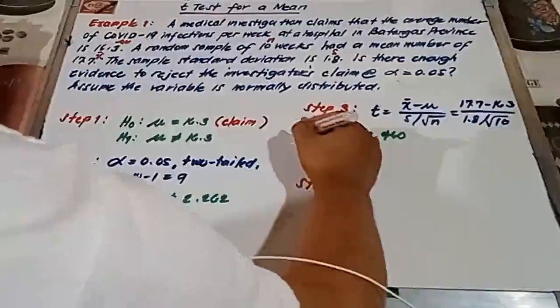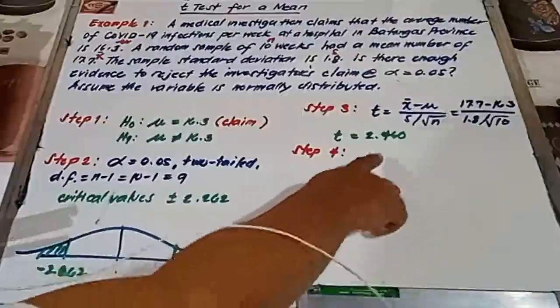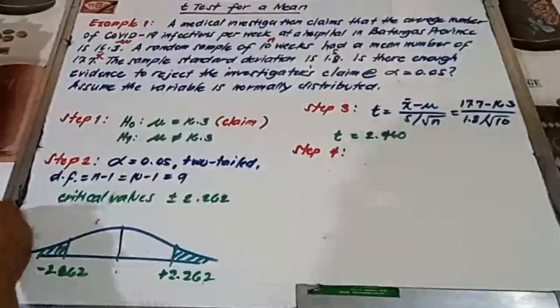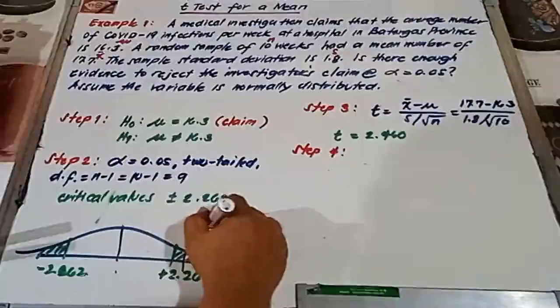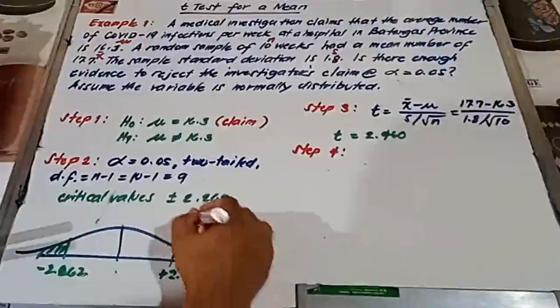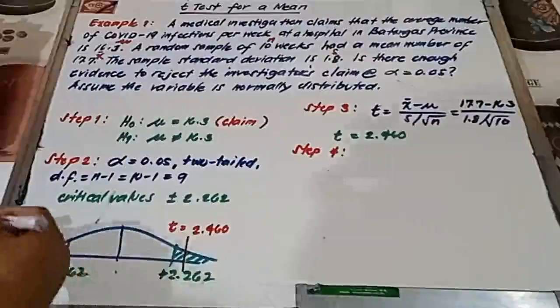Now, doon sa ating step number 4, we're going to make a decision to reject or not to reject the null hypothesis. So, ibig sabihin, 2.46. So, naandito siya. Nasa rejection region siya. Okay? Ito yung ating test value.